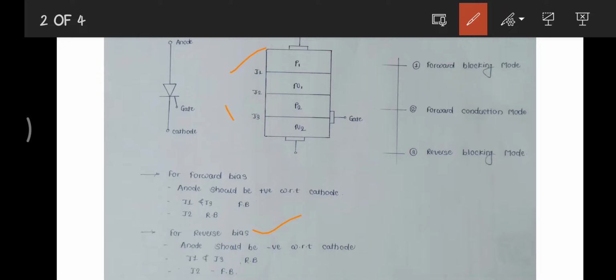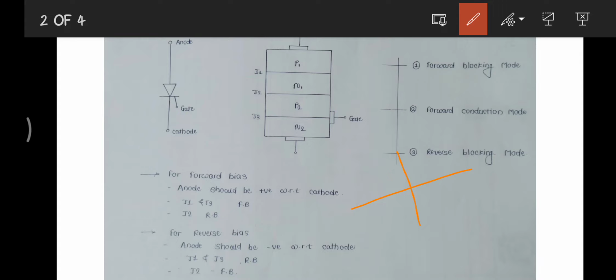Junction J1 and junction J3 are reverse biased, and junction J2 is forward biased.